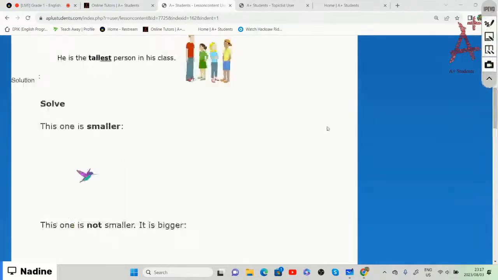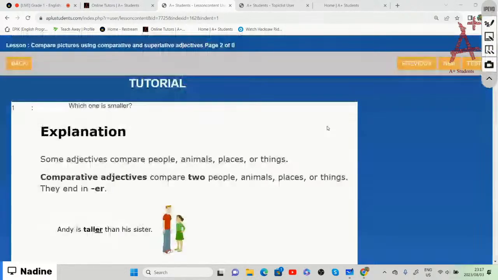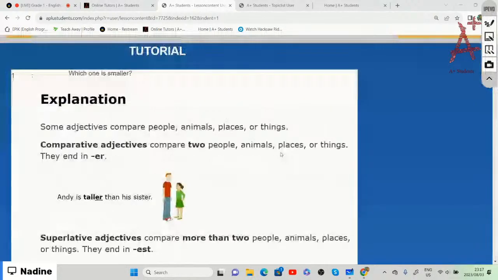All right, so that is comparative adjectives. So far they've only given us examples of comparative adjectives. Once again, we have adjectives that compare people, animals, places, or things. With adjectives comparing people, animals, places, or things, we have comparative adjectives and superlative adjectives.